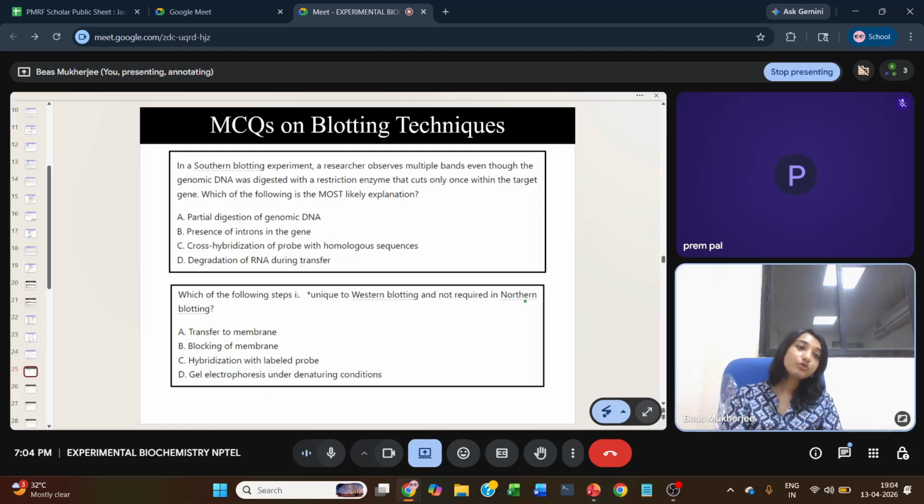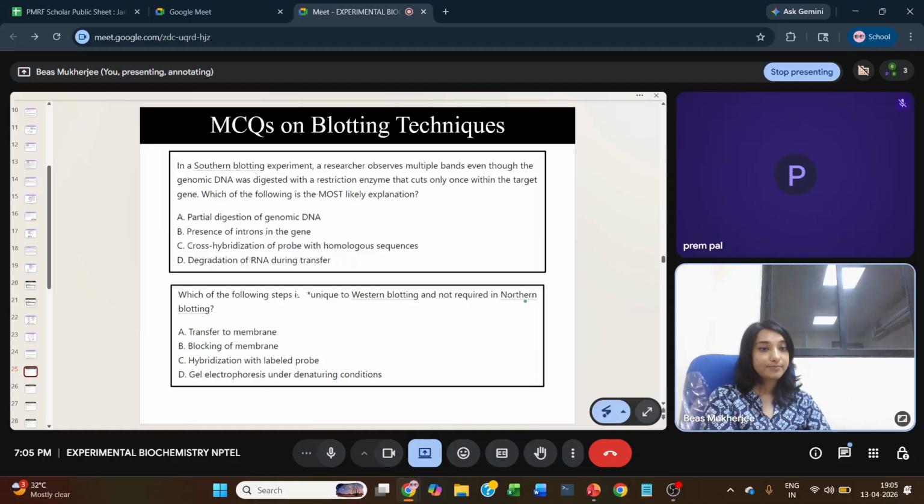Transfer to the membrane would not be the right answer because blotting means transfer to the membrane, right? So it would be there in all of the blotting steps. Correct. Gel electrophoresis, hybridization with labeled probe, blocking of the membrane. Which one do you think is the right answer?